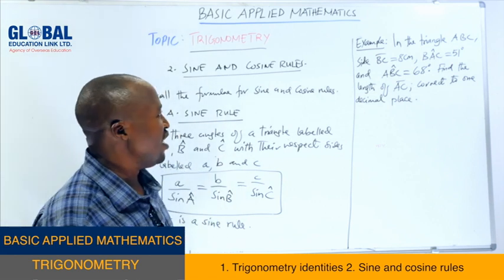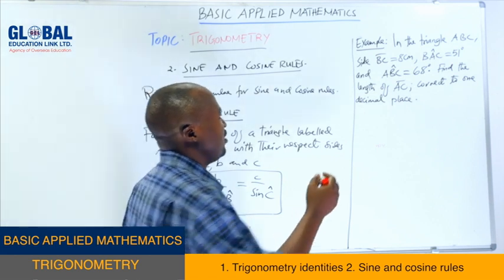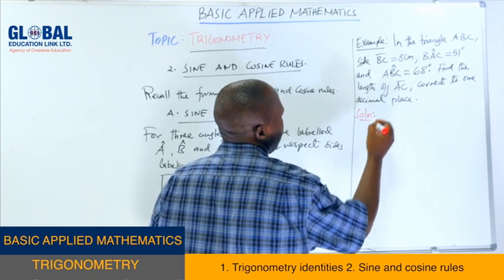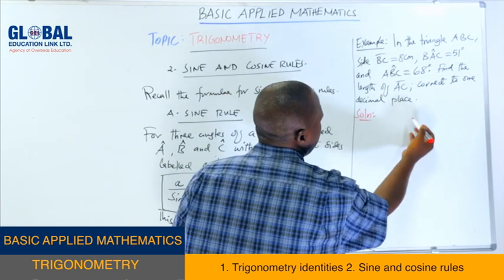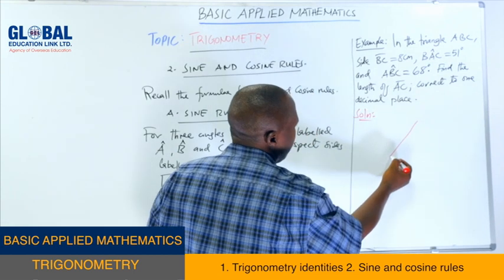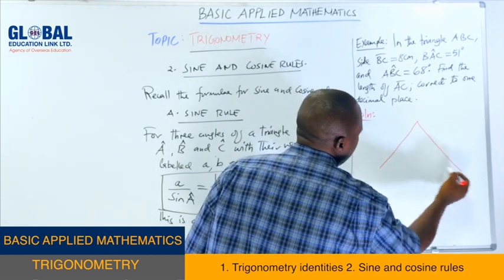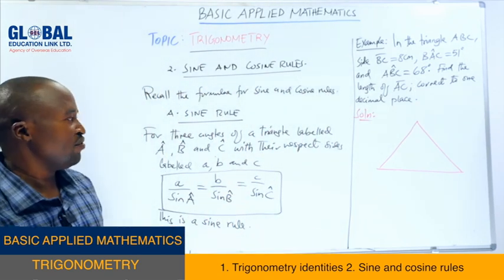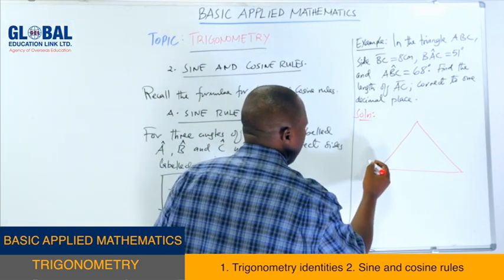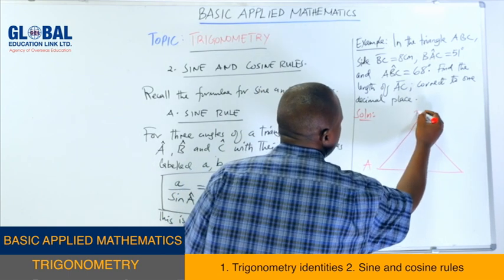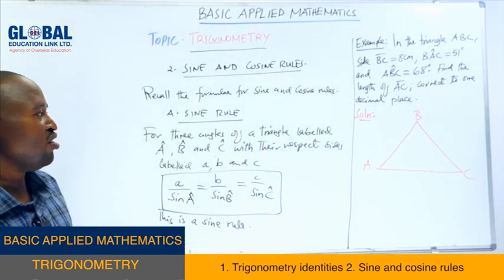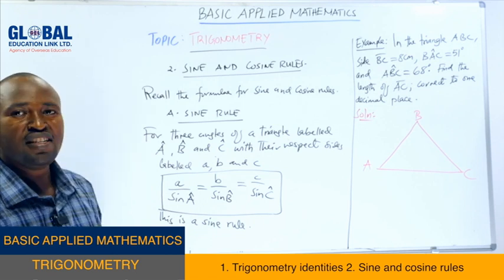Now let us make a sketch of the triangle, labeled A, B, and C.